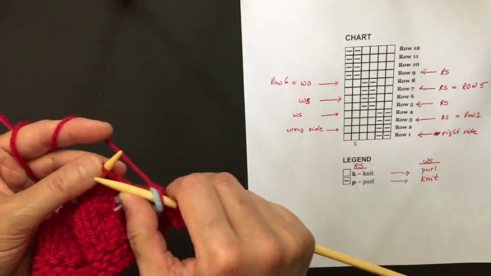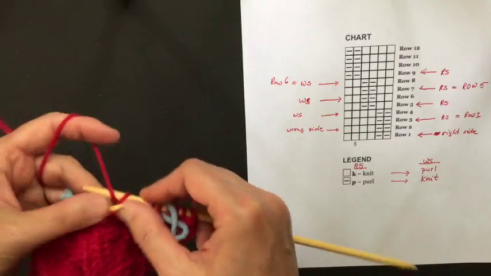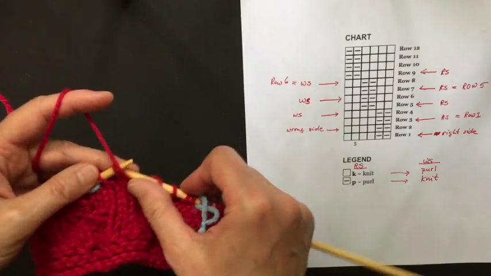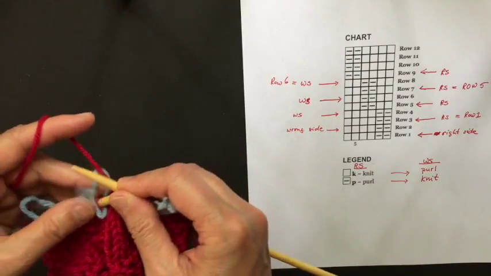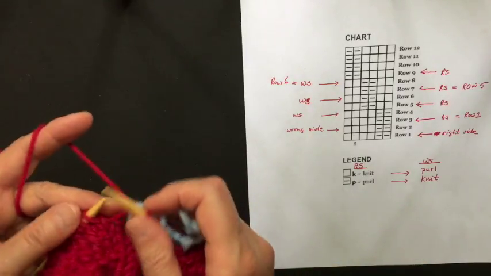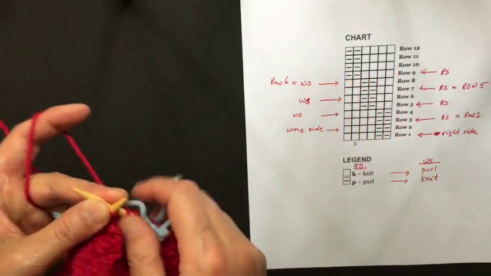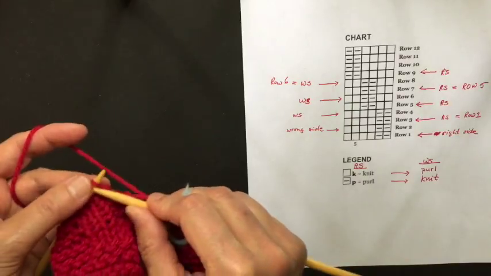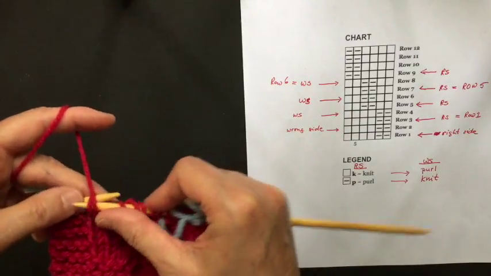So we will knit, knit, knit, knit, and now we will do 2 purls, purl and purl, and we will repeat our 6 stitch repeat. Okay, so again, 4 knits, 2 purls, knit, knit, knit, knit, and purl, purl.